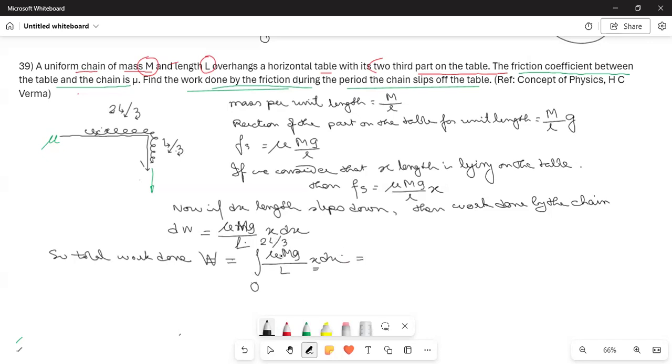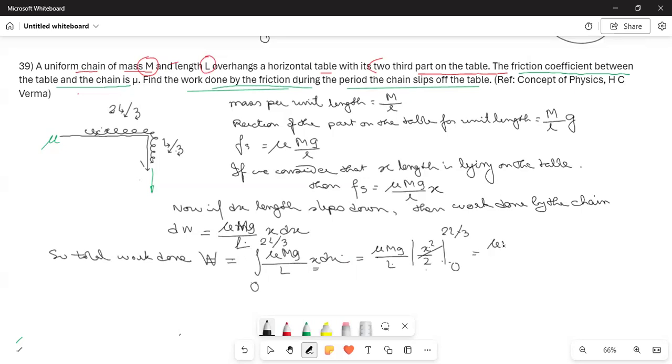This is equal to mu M g by L, these are all constants. Integration of x dx is x square by 2, and its limit is 0 to 2L by 3, right?